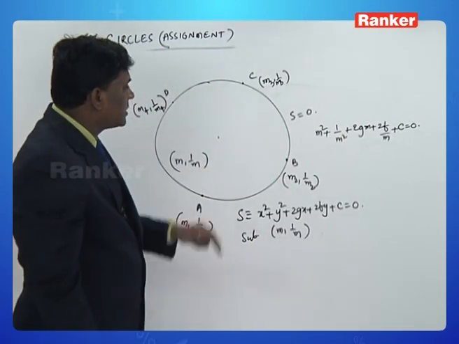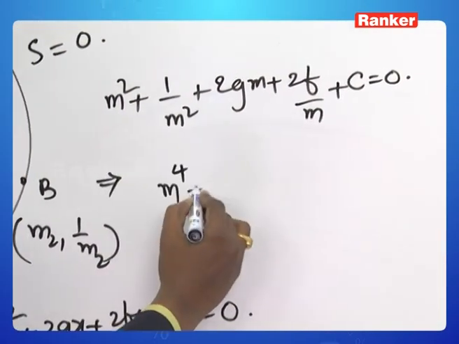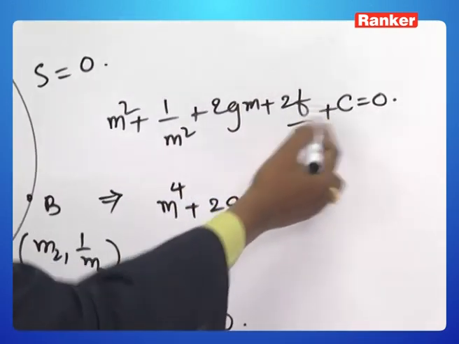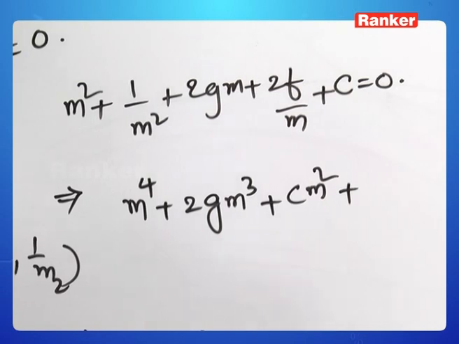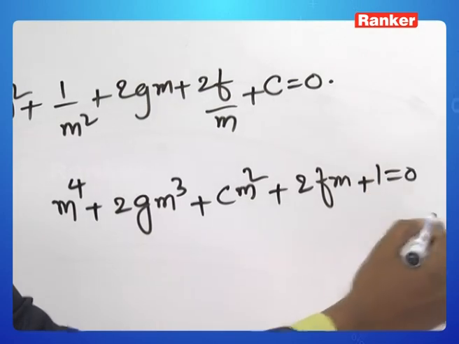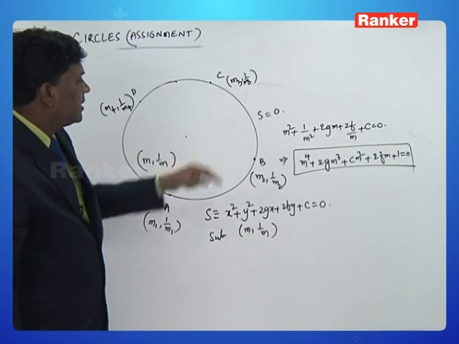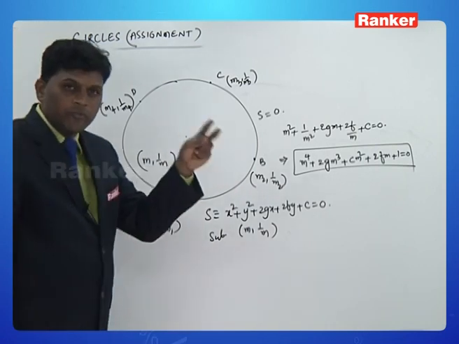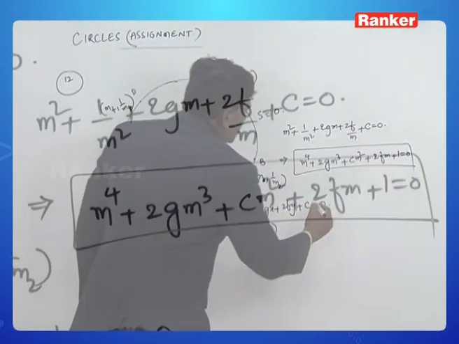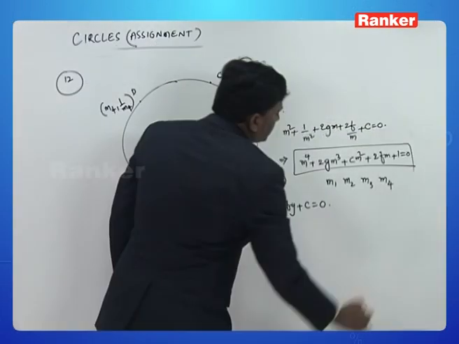On simplifying this equation, we get m power 4 plus 2gm cube plus c into m square plus 2fm plus 1 equals to 0. Clearly, it is a biquadratic equation in m, which is supposed to contain 4 roots, which are already given as m1, m2, m3, m4. So, roots of this equation are m1, m2, m3, m4.